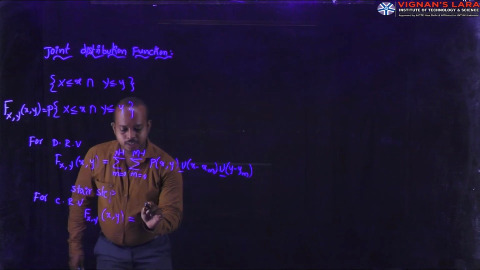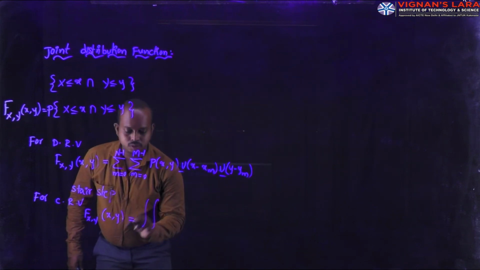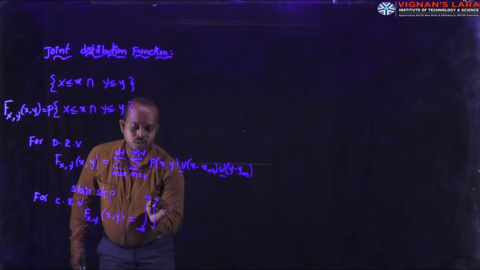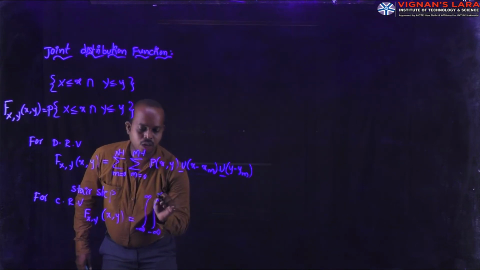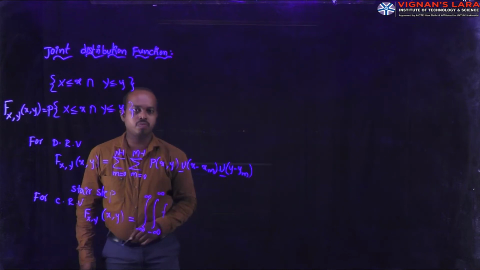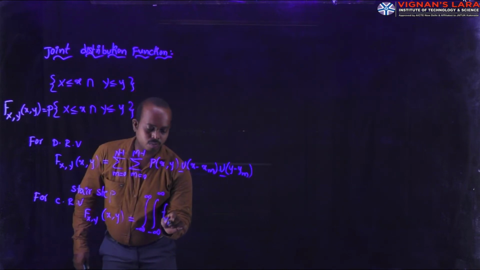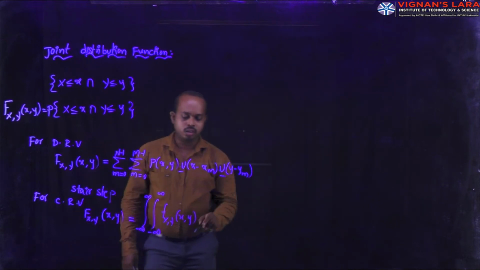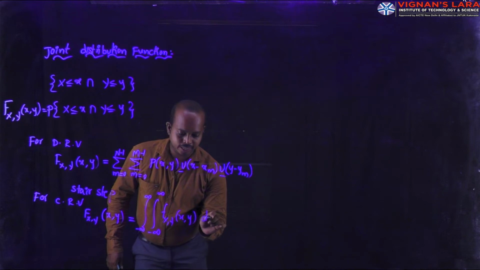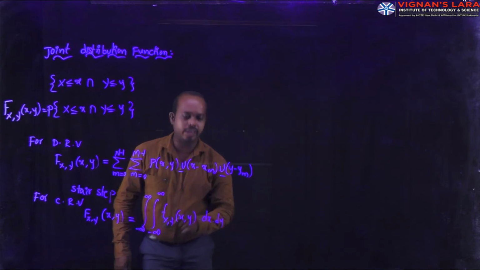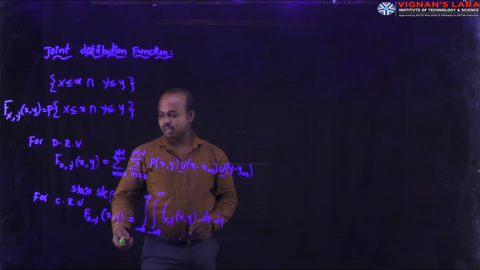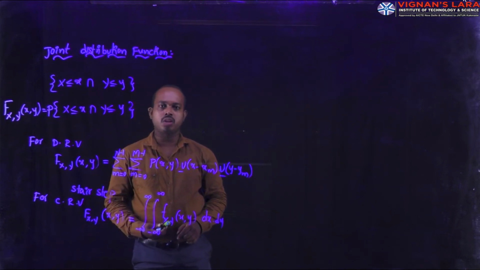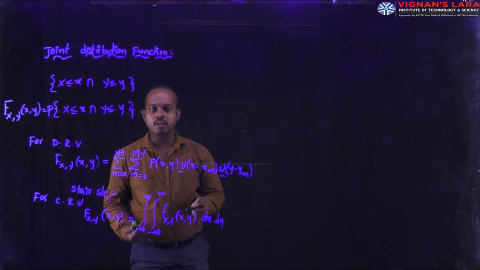Here you consider the double integration, where one is the x limits and the second one is the y limits. Here you write the density function f_{X,Y}(x, y) into dx dy. This is the representation of a continuous random variable's distribution function in terms of its density.